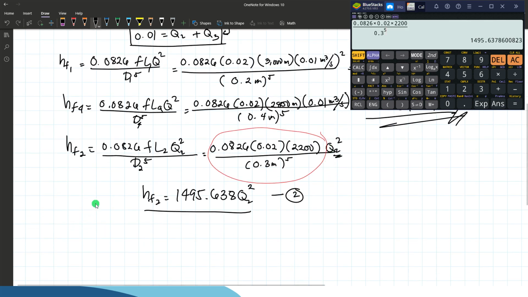Next, when we solve the head loss on pipe 3, we directly substitute 0.02.